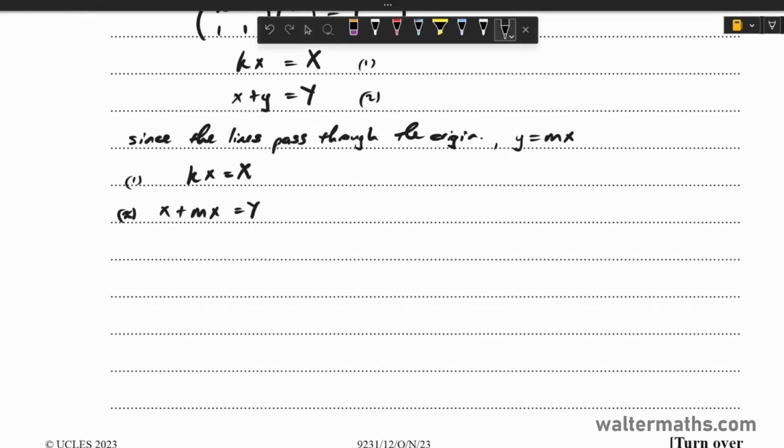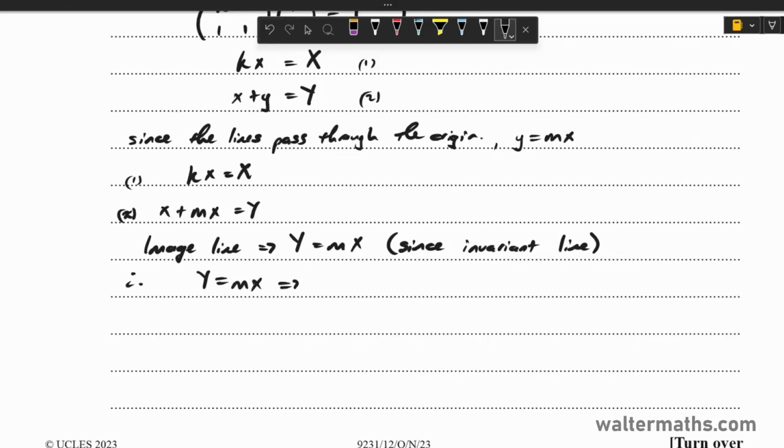Next, we're going to say the image line is y is equal to mx. Since we are talking about an invariant line, y should be equal to mx, which gives us y, which is x plus mx. And it's equal to m of big X, which is kx. We're going to divide everything by x. So 1 plus m is equal to km.